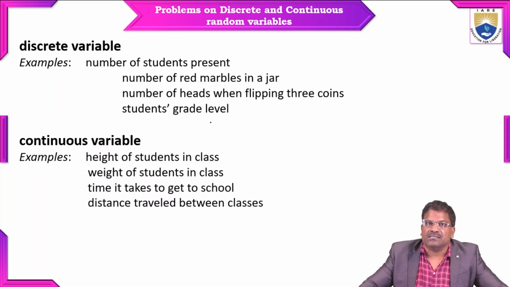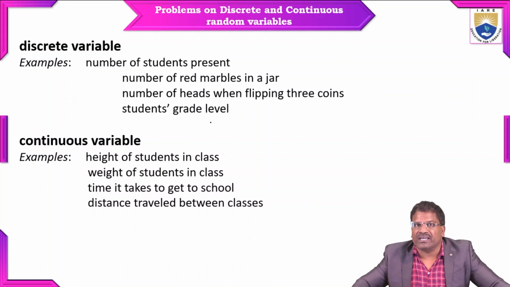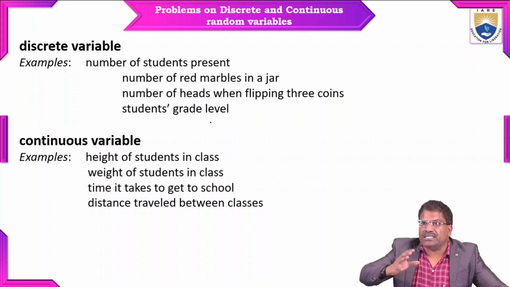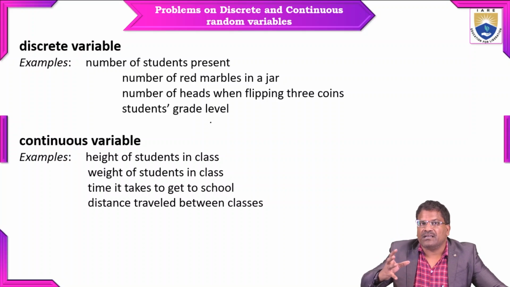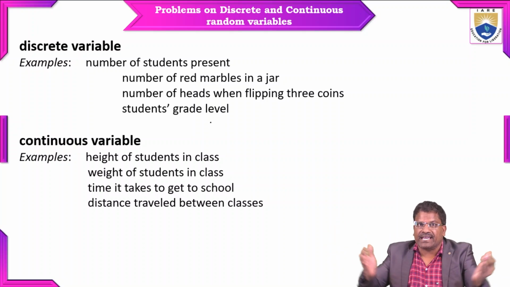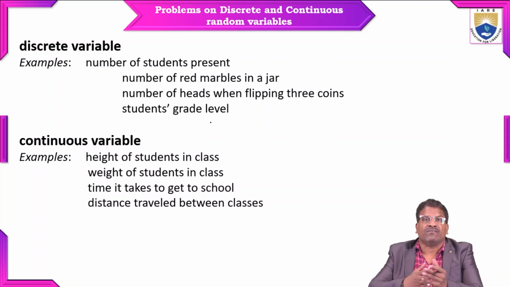The same goes for weight. In the same class, one student may weigh 40 kg, one may weigh 45 kg, one 48 kg, one 50 kg. It depends upon their body structure, and like that it goes from 40 kg to 50 kg. It maintains some range, some interval.